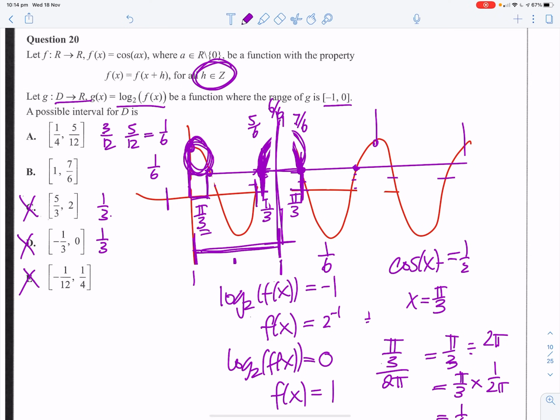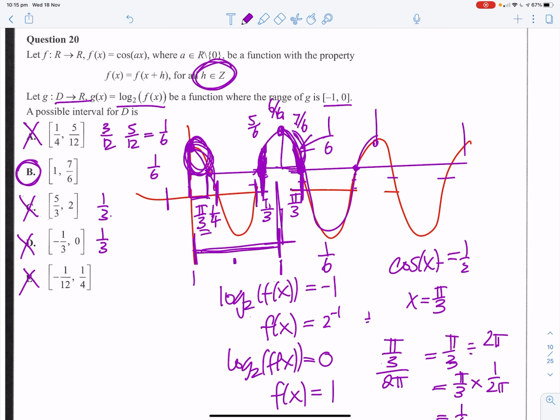If that was 1, we know the quarter would be there. So the range is going to be too big. It can't be that. It's got to be B. That's the only possible answer. Because if we go from 1 to 7 on 6, that's 1/6 of a full graph.